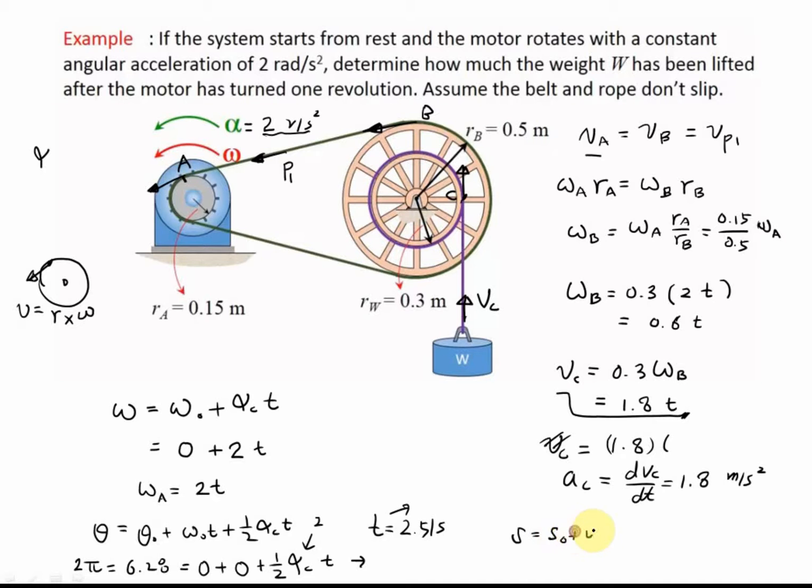So this is s equals s naught plus v naught t plus one half a t squared. We consider the initial position as our reference, that's 0, and everything starts from 0. So the initial velocity must be 0, right? And one half times 1.8 times our time, 2.51, squared. So that should be 0.565 meters.